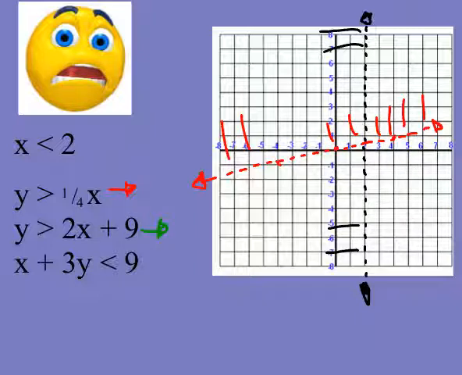Alright, green. That's hard to see over here. Positive 9. So 9's up here. Don't start to panic. It's going to be okay, I think. 2x. So up 2 over 1. That puts me off the board. I know if I go down 2 back over here, that's just 7. Okay. Bam, bam, bam, bam.